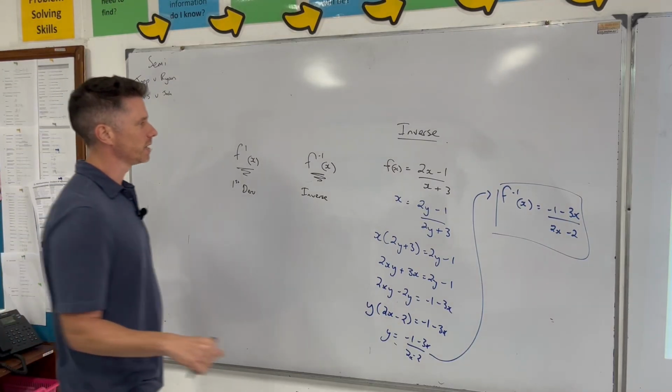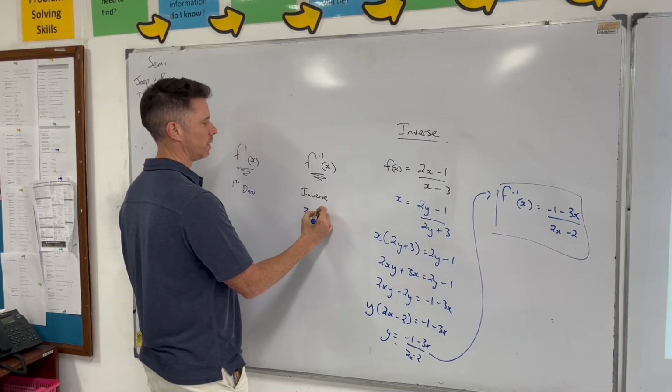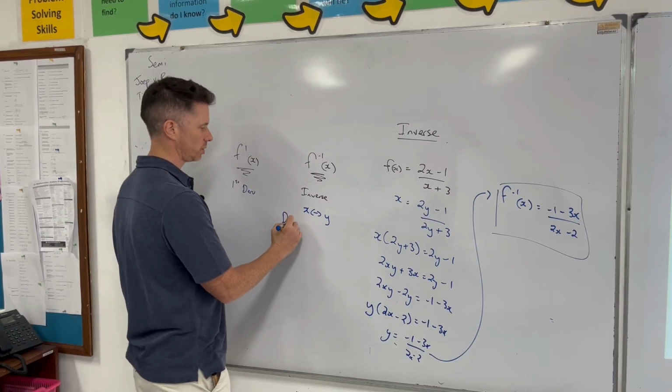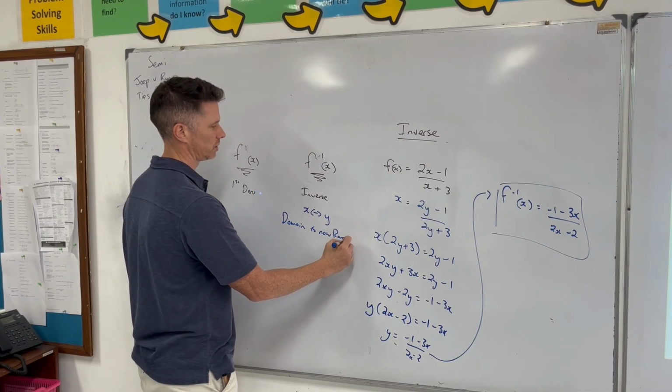Key property of the inverse and its original is the x's and the y's have been swapped, haven't they? The domain is now the range, and range is now domain.